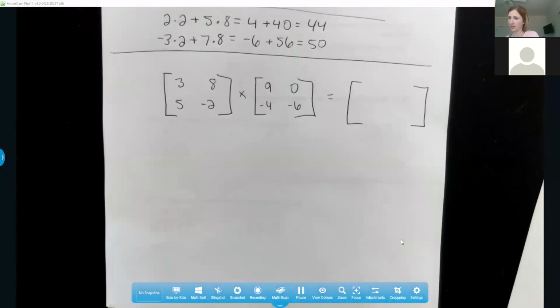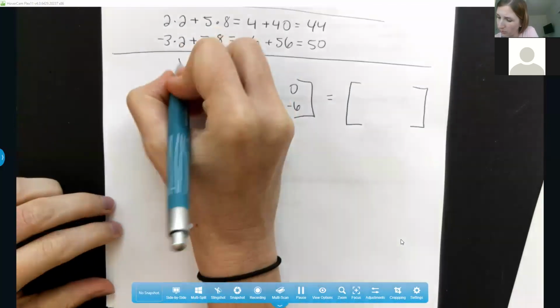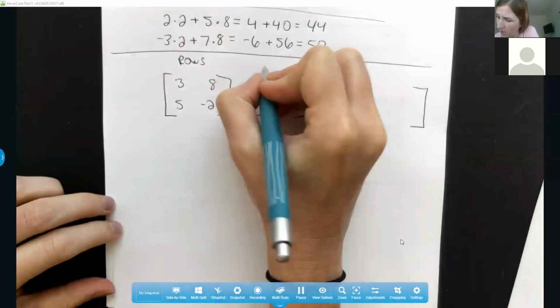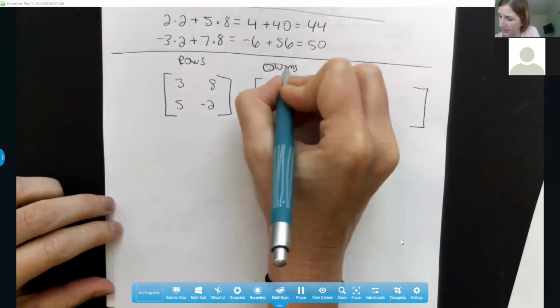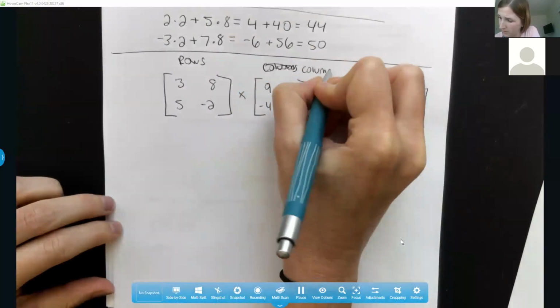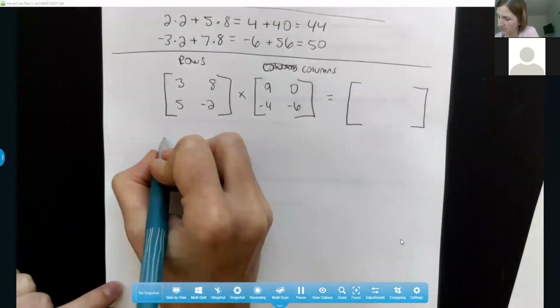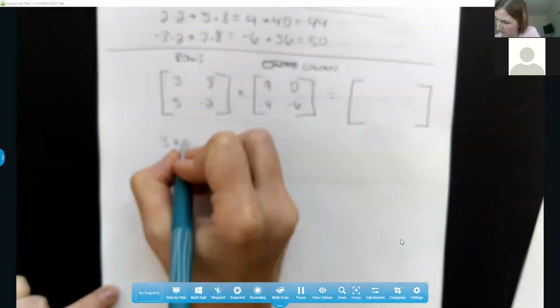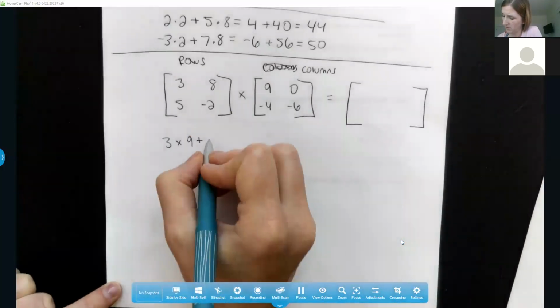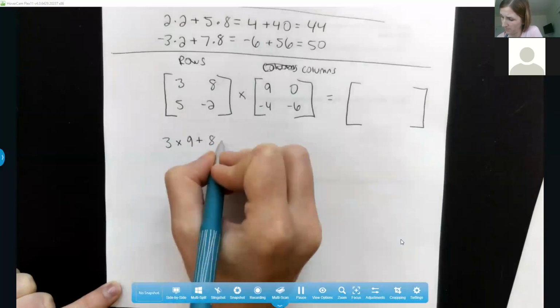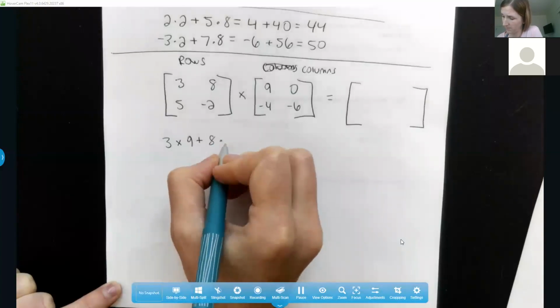Okay. All right, so we always take the rows of the first one and the columns of the second one. So it'd be 3 times 9. Yep, plus 8. Yep. Times negative 4.